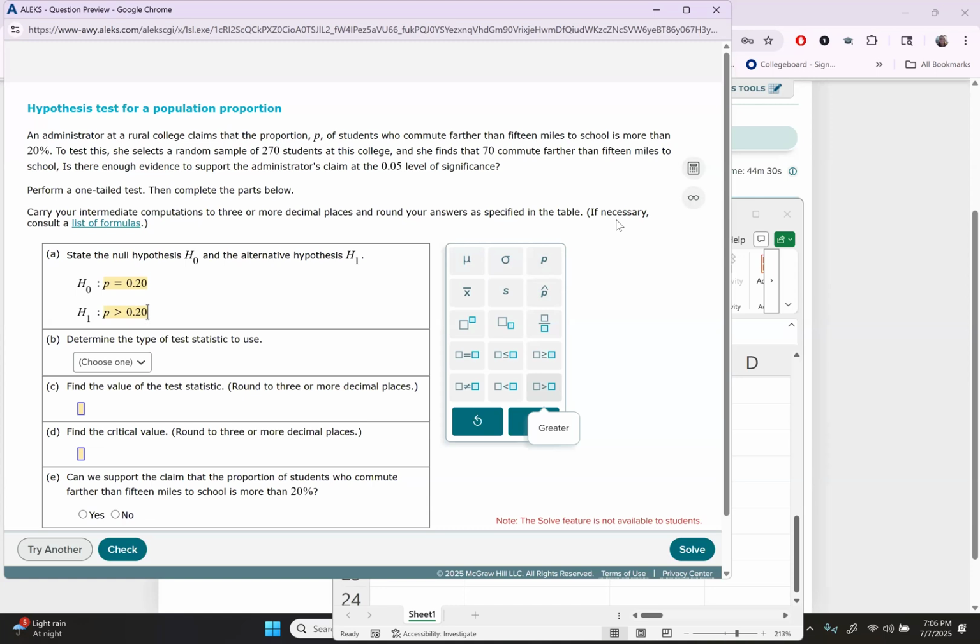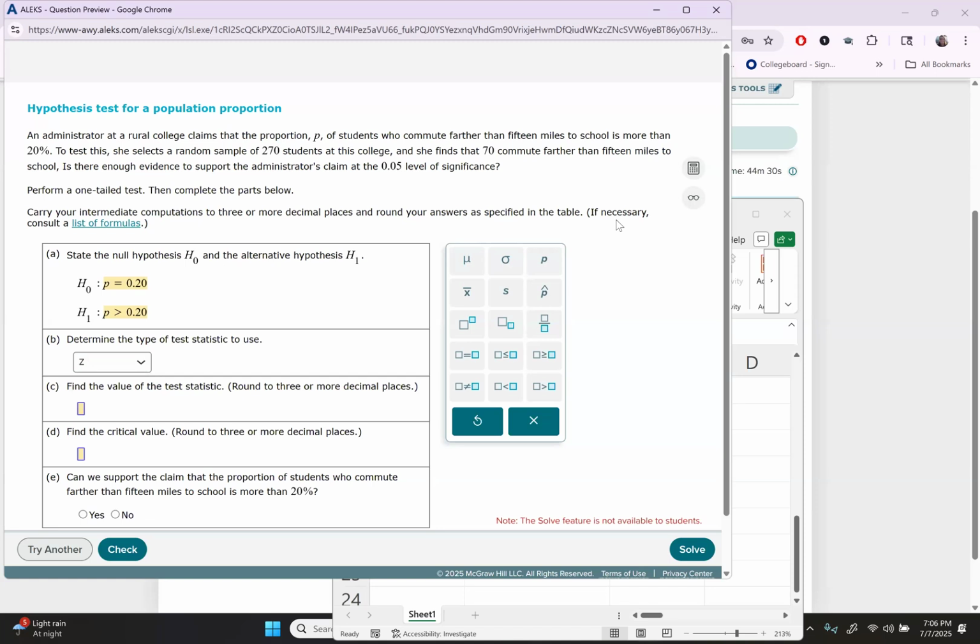And you know that because she states that they commute 15 miles or more, in this case, farther is more. The value of this test statistic is going to be a z proportion. Notice you have these choices of f, the chi, the t. This is going to be a z proportion.